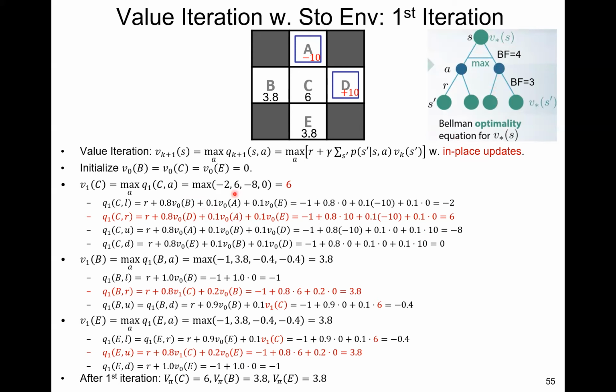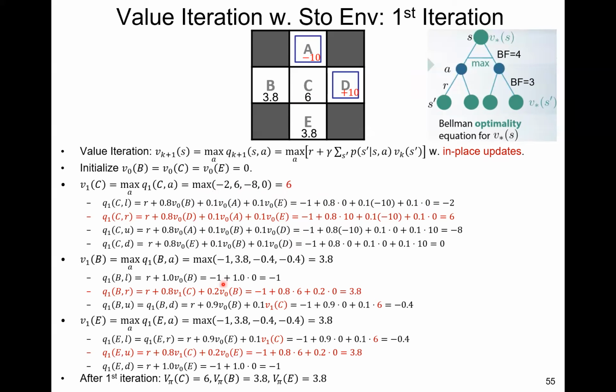From C, if you go left, you have an 80% chance of landing in B and a 10% chance of landing in A or E. So it's the same as before. Now you take the max over the 4 possible actions, which is to take the right direction, and get a total value of 6.